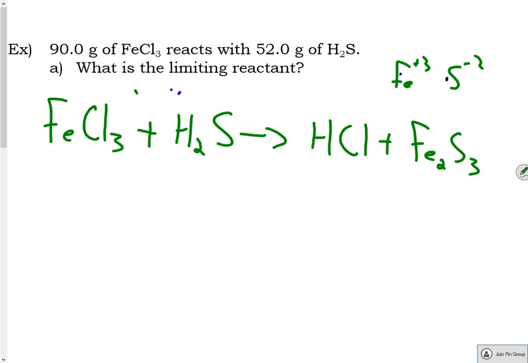Now I just need to balance it. So I'm definitely going to need a 2 here. That's going to be 2 irons. Sulfurs, I'm going to have 3 here. Now I have 6 hydrogens. Let's see here. 3 chlorines.